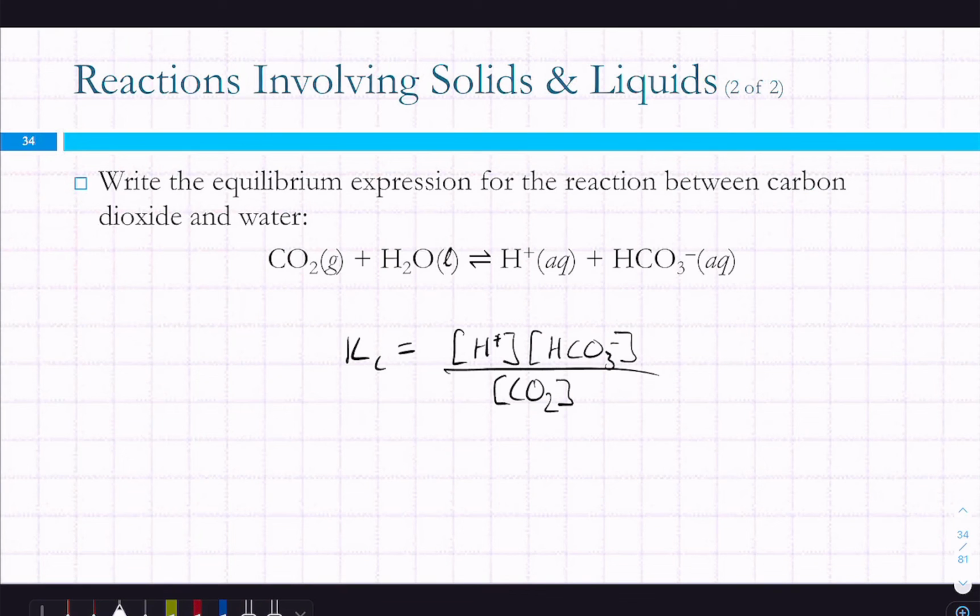Because the concentration of pure water is 55.5 molar. And so if you react a tiny amount of CO2 with the water, it doesn't change. For all intents and purposes, there's so much more water. You're talking about water diluted in water.